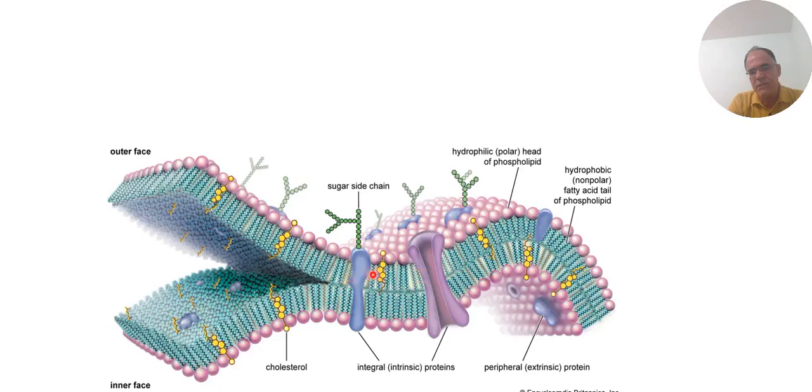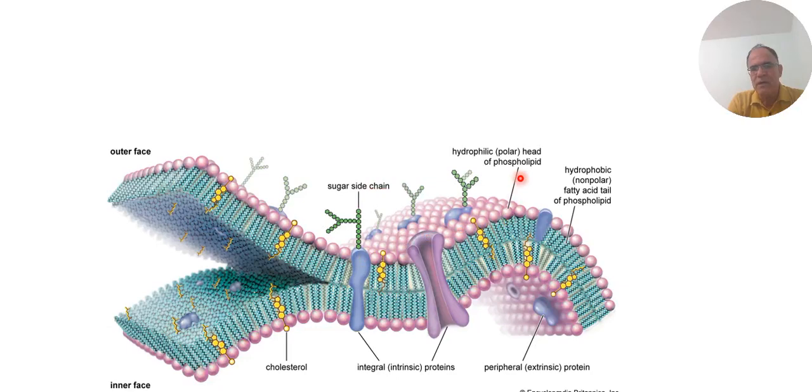Some proteins are integral proteins, because they are located in the transmembrane, also called intrinsic proteins. Another protein, the peripheral protein, is located on the inner surface or outer surface of the membrane. The carbohydrate chain is attached to protein or phospholipids.